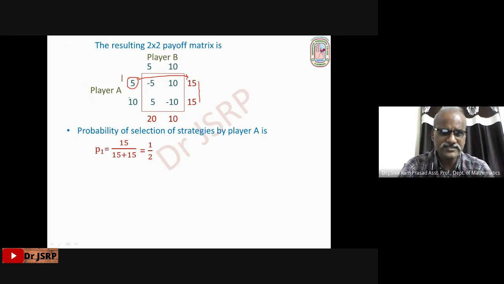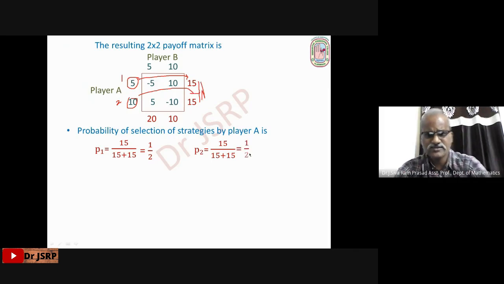Next, 10 is the second strategy for player A. So P2 equals the opposite value 15 by the sum of these two values. This is also 1 by 2. So selection of 5 rupees coin is 1 by 2. Selection of 10 rupees coin is 1 by 2. And selection of 20 rupees coin is 0, since the third strategy is eliminated.